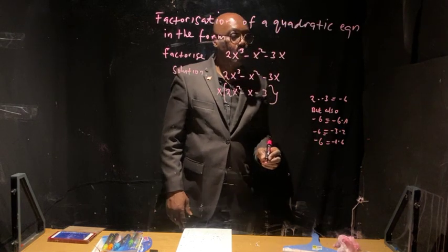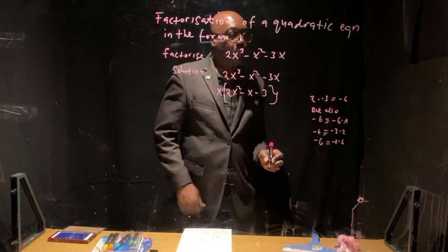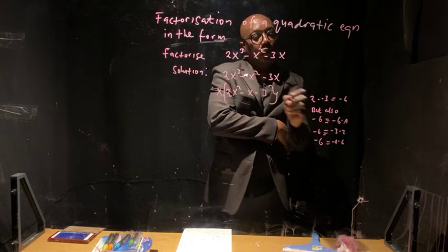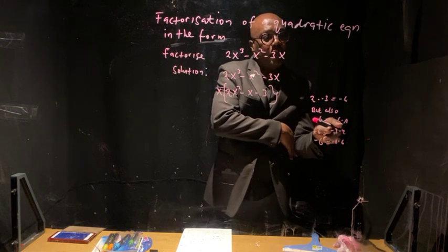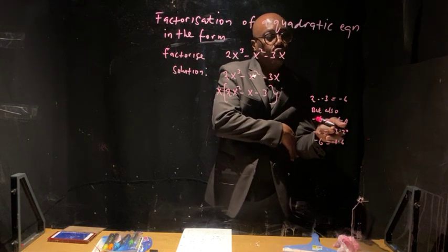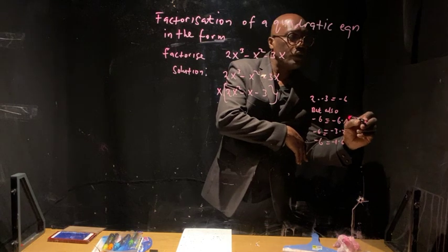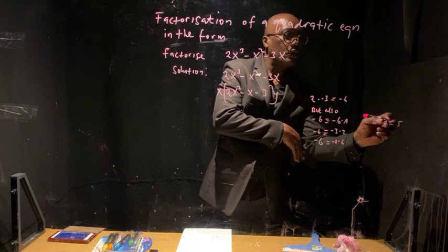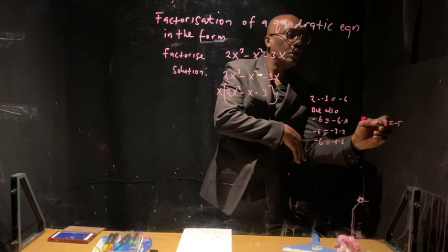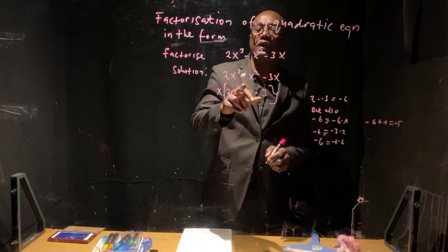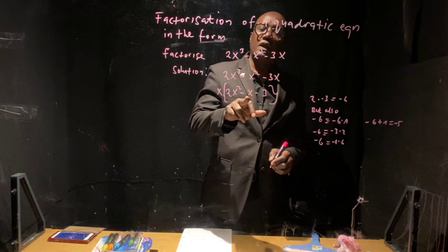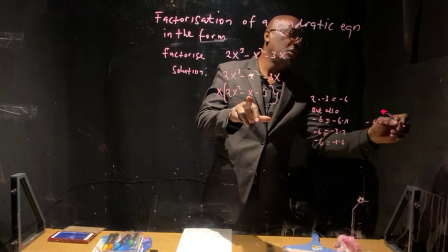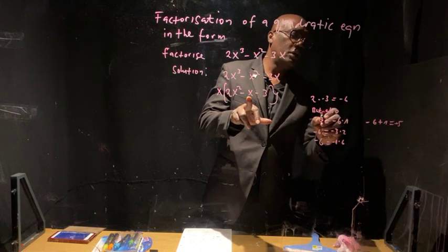Good. Let's try to add minus 6 and 1. Minus 6 plus 1 is equal to minus 5. Is the coefficient of x minus 5? No. Therefore, this one is ruled out.